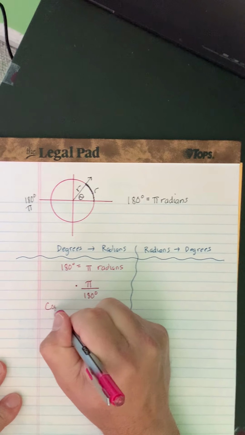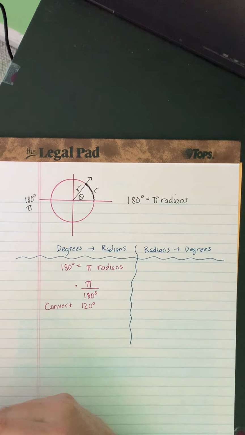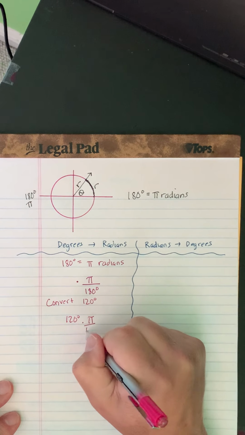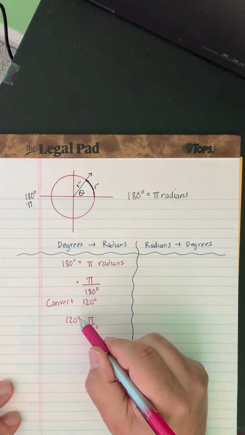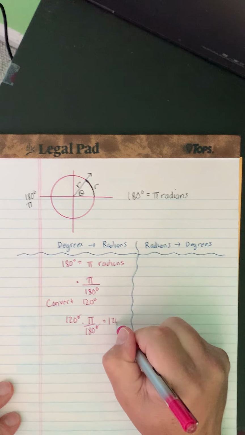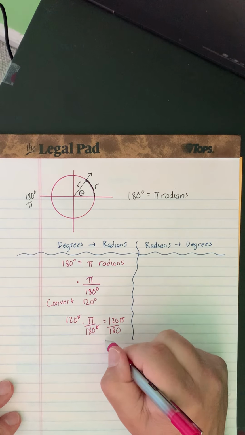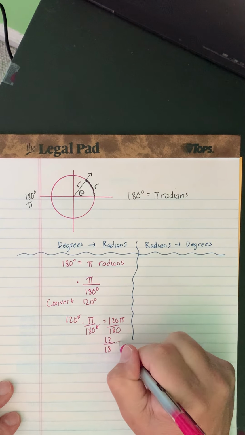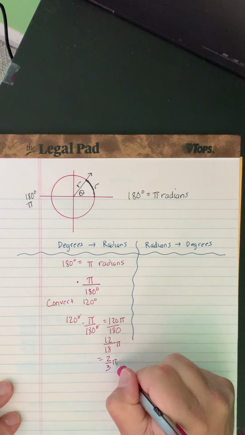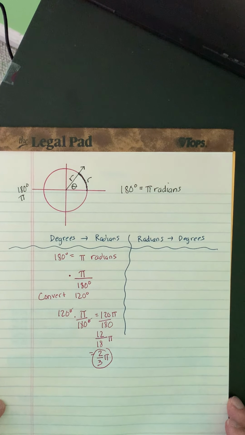If I want to convert 120 degrees to radians, I take 120 times pi over 180 degrees, because I need these degrees to divide out. That's 120 pi over 180. You can divide by 10 and get 12 over 18 pi. Continue to reduce that, and that is 2 pi over 3, or 2/3 pi. So 120 degrees would be 2/3 pi.